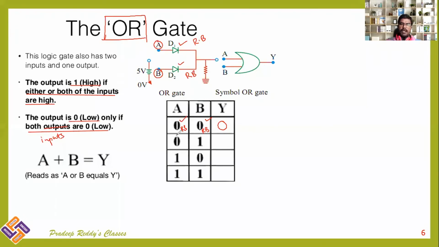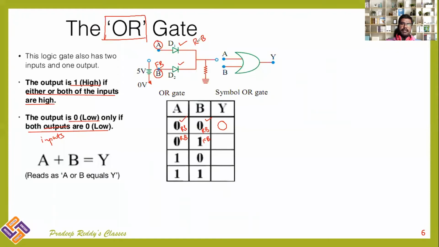Now let us go for another form where A is reverse biased. For input A, you are providing a negative voltage, and for B, you are providing a high voltage which is positive, that is forward bias. B is in forward bias, A is in reverse bias.